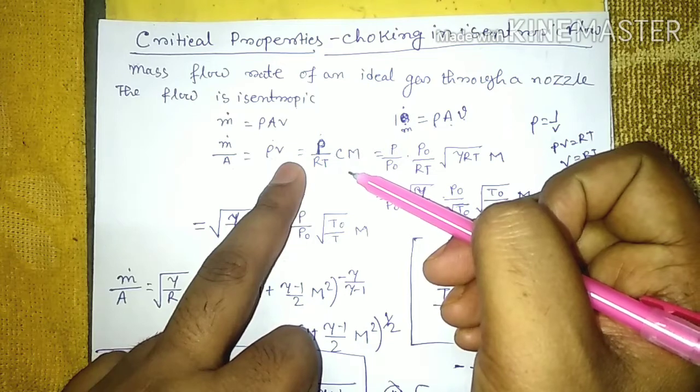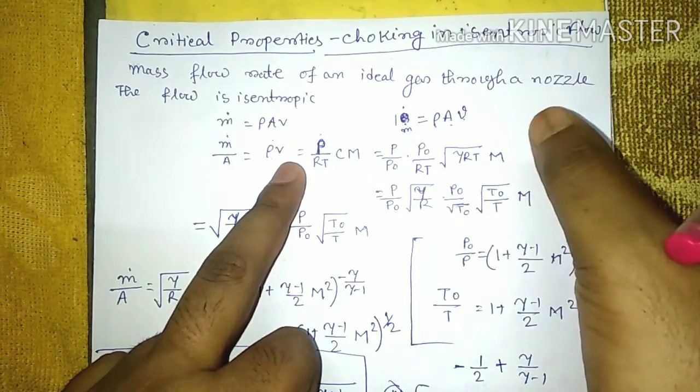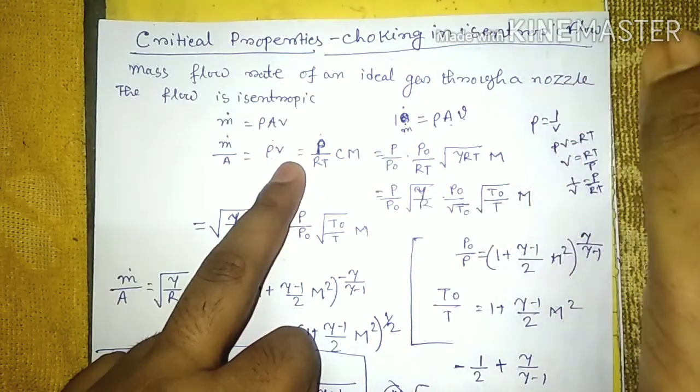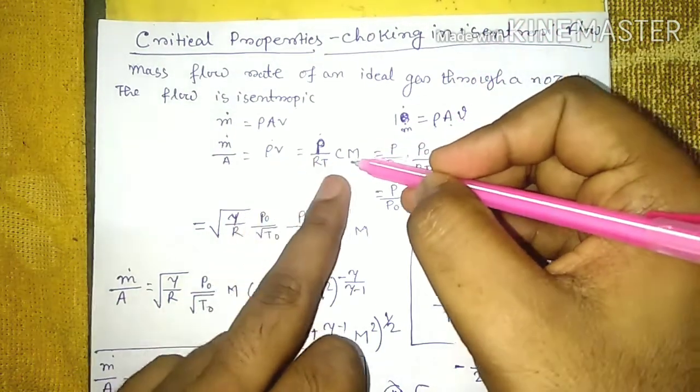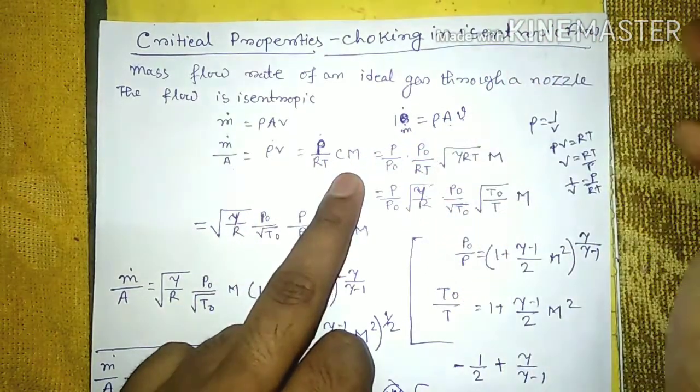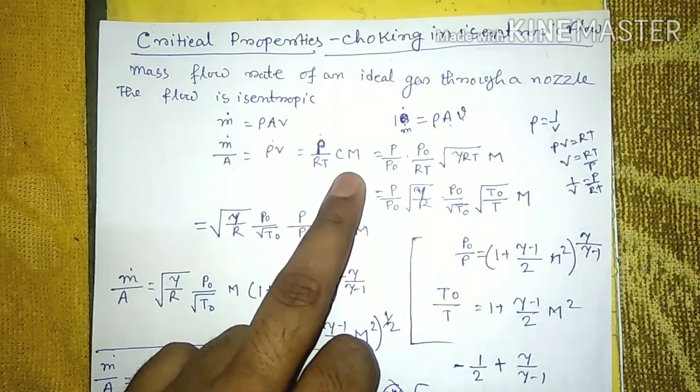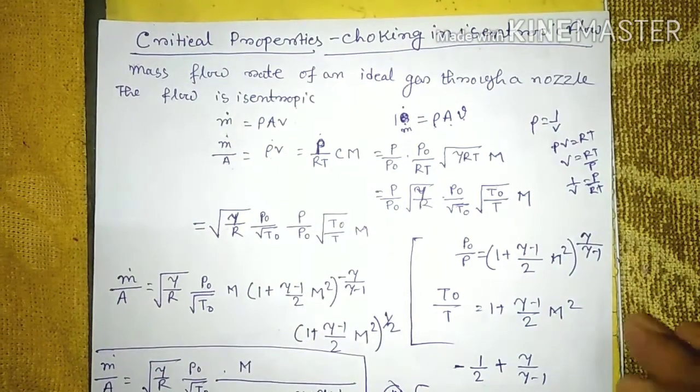Mach number is the ratio of V by C, so V is equal to C into M, where C is the velocity of sound, or sonic velocity, and M is the Mach number.